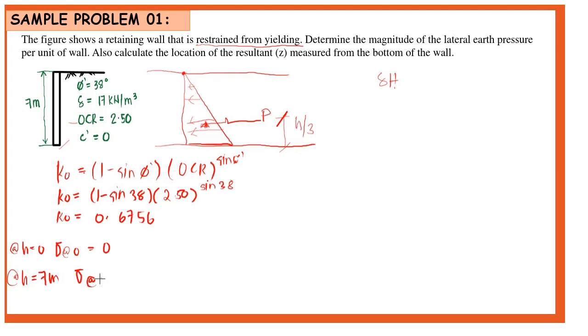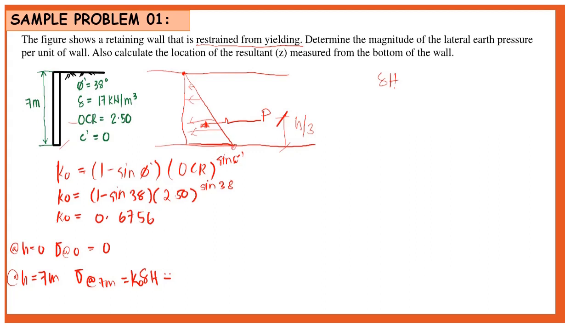Our pressure at 7 meter is equal to the unit weight times the height, and you can multiply our pressure coefficient, the K0.